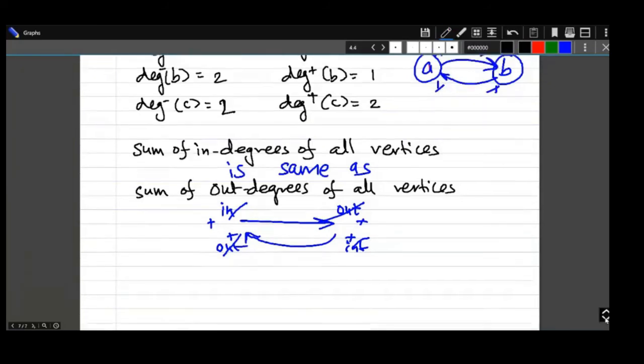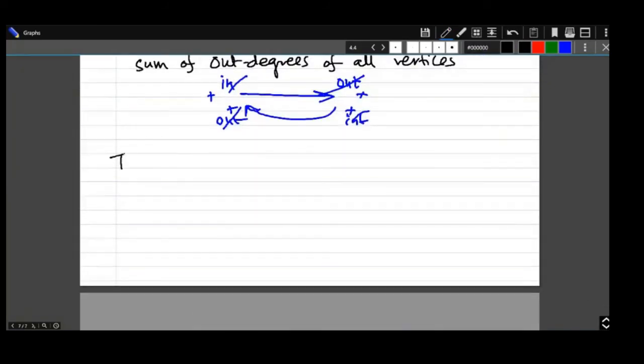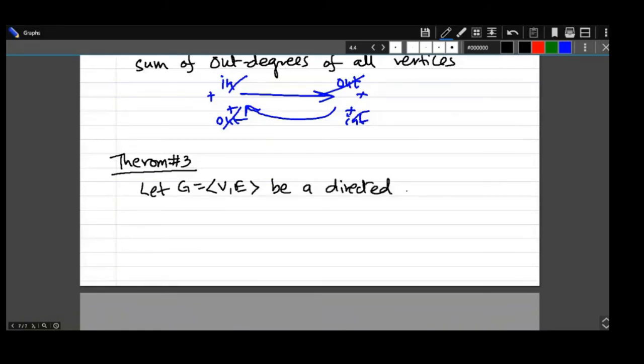So again, I'll write a theorem over here. Theorem number 3. I will directly put it into mathematical notation. Let G, with set of vertices V and edges E, be a directed graph.